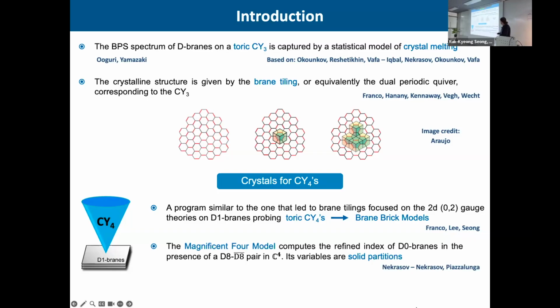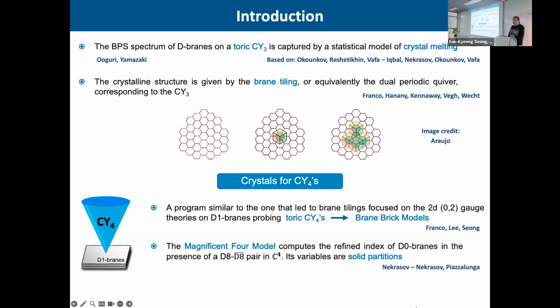Some other motivation, at least for me, that has already appeared in other talks, is the ideas of Nekrasov, or Nekrasov and Piazzalunga, the Magnificent Four model, in which they want to compute a refined index for D0 branes and D8 and anti-D8 branes on C4.